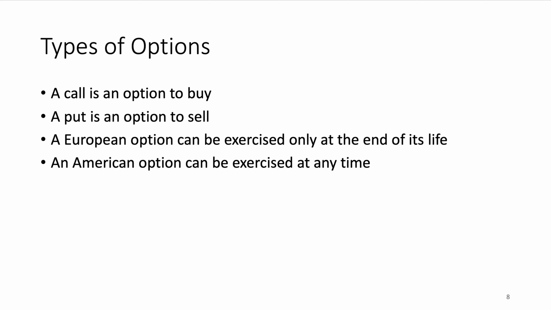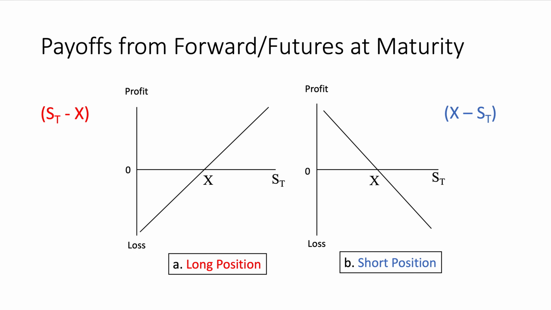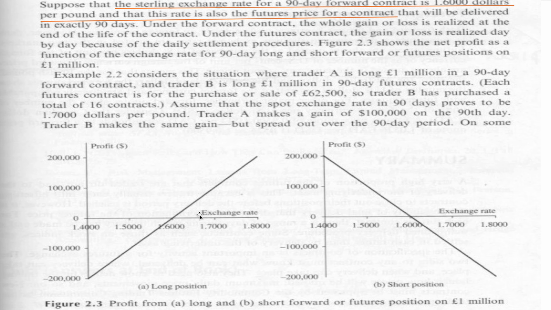Now, let's look at options. More interesting subject, options. Before we move to options, let's put it in other words. In what situation will you take a long position? It is when you think the foreign exchange rate will go up.